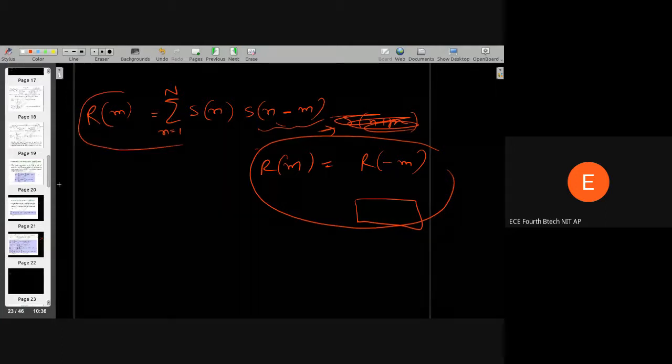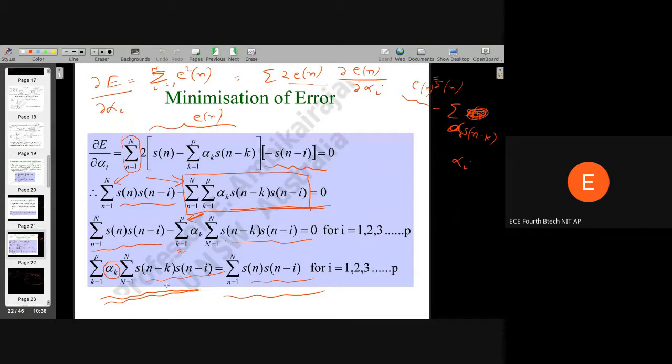So what will we have? What do you see here? s of n, s of n minus i. This is nothing but R of i, the autocorrelation function. Similarly, from that same definition, just two steps you can do on your own, this you can say is R of k minus i or i minus k, does not matter. Let's put k minus i.